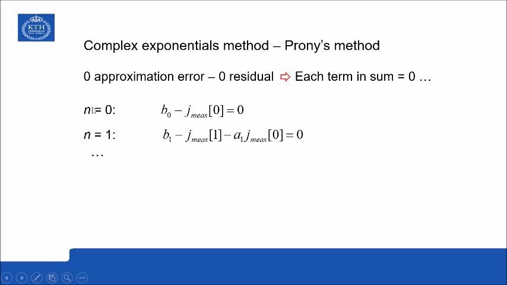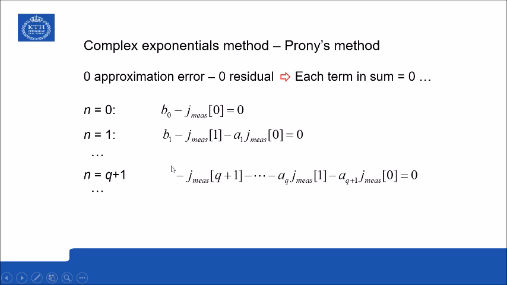And then when n is increased further, we get an increasing number of terms in this equation. So for n equals q plus 1, we get this expression. And note here that since n now is larger than q, bn is 0.